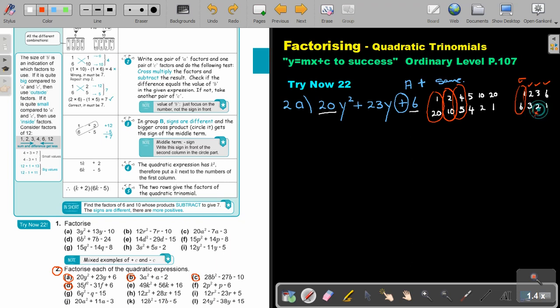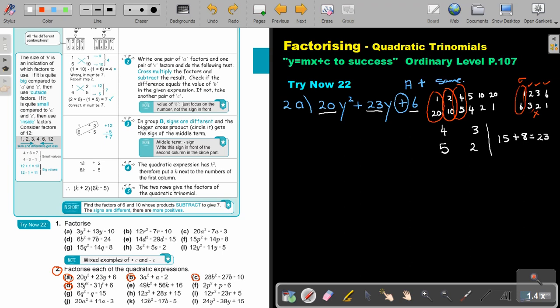So let's just mark. Okay, let's test it. Let's take it out. So this is going to be 4 and 5 and 3 and 2. Let's see if this one works. So this one is going to be 15 plus that 8. And that's going to give you that 23.